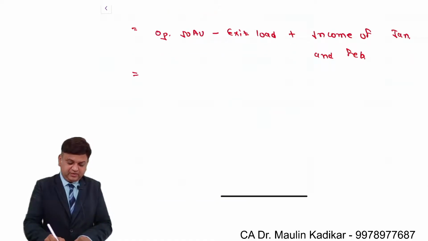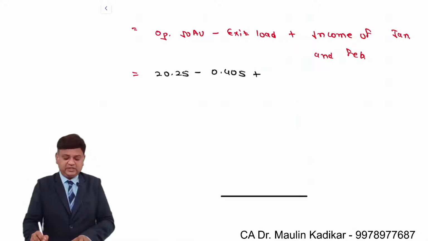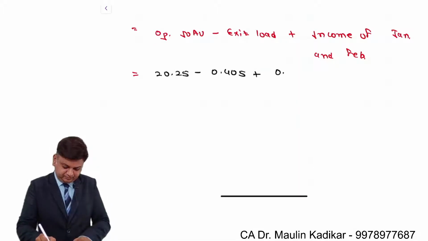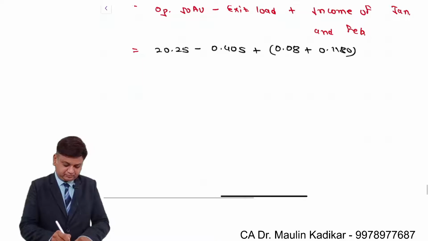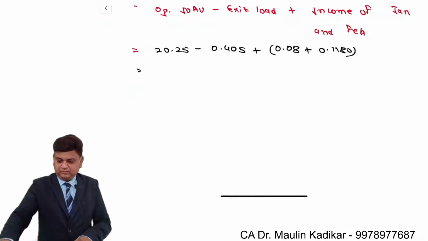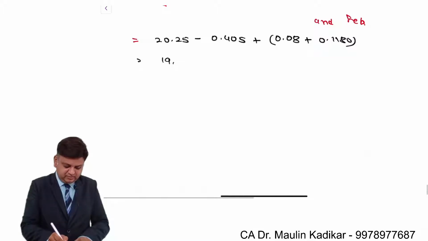What is opening NAV? 20 rupees 25 paise minus 0.405 plus income of January is 8 paise. Income of February is 11.80 paise. So 20.25 minus 0.405, that comes to 19.845.